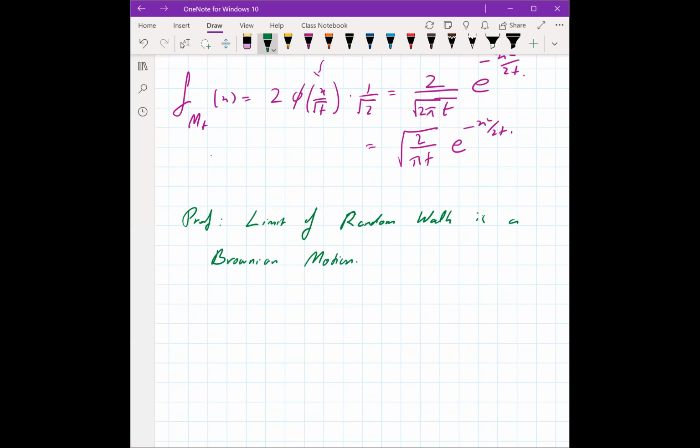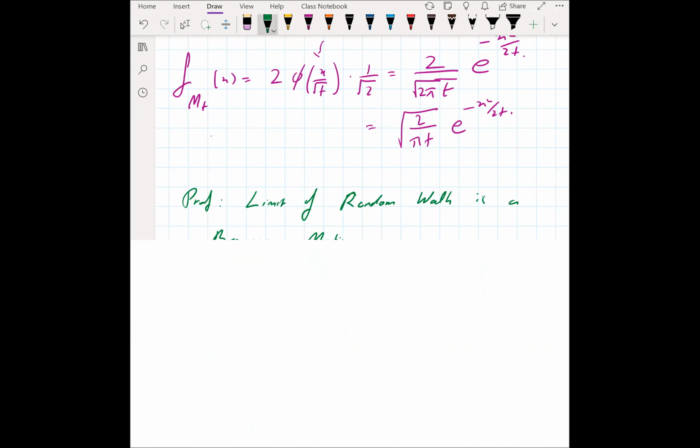You can show it using the central limit theorem.